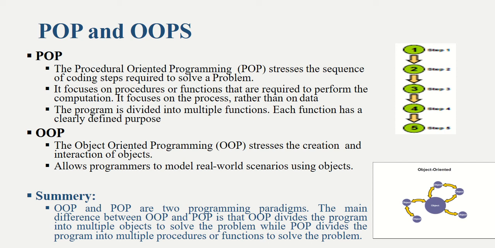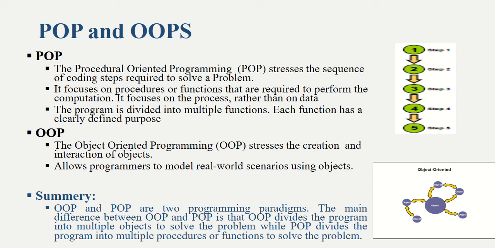Each function performs some task, and if we need to run this function, we only need to call that function by name. So the main thing in procedure-oriented programming is that it is focused on process rather than on the data.